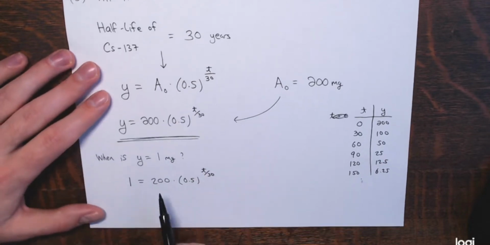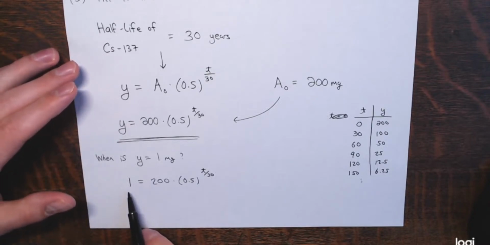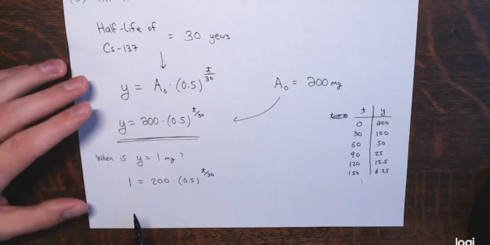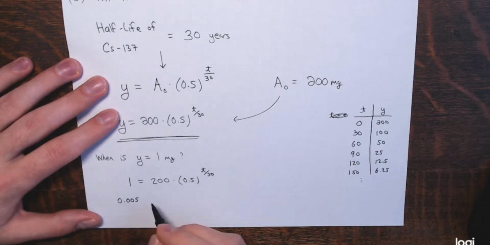Now dividing by 200, 1 over 200 is the same thing as 5 thousandths, right? So dividing by 200 gives me 0.005, that's the same thing as 1 divided by 200, equals 0.5 to the t over 30.